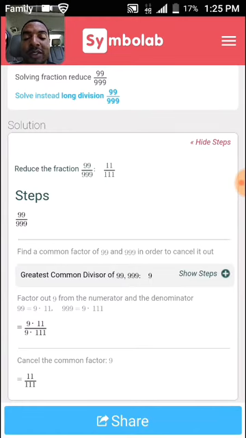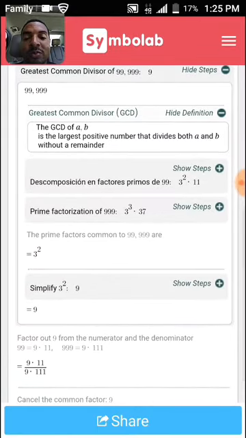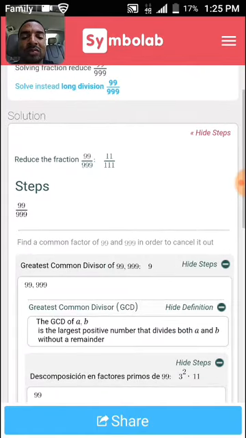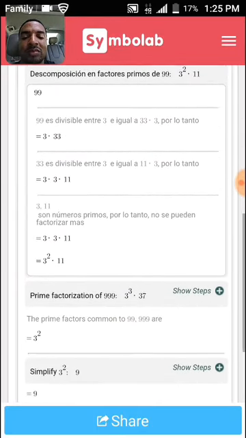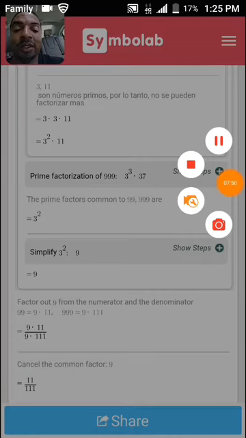Let's find the common factor. The GCD of A and B is the largest positive number that divides both A and B without a remainder. So in our prime factorization of 999, we end up getting 37.